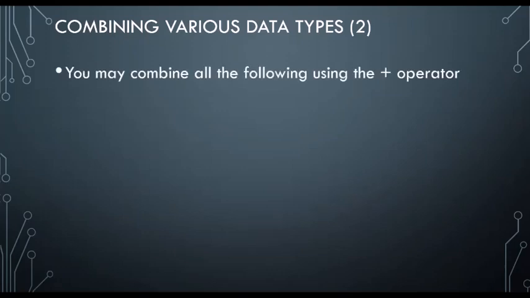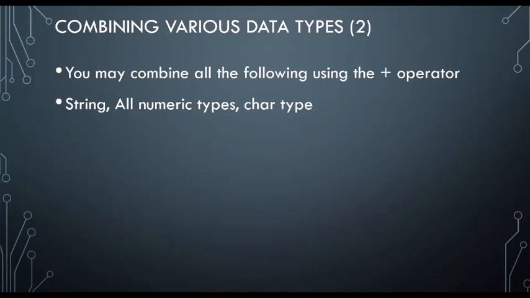Okay, you may combine all the following using the plus operator. Now, in the previous slide we did all arithmetic operators. Now I am talking only about the plus operator. Using the plus operator, you can combine string, all numeric types, and the char type. So that means all types except Boolean.